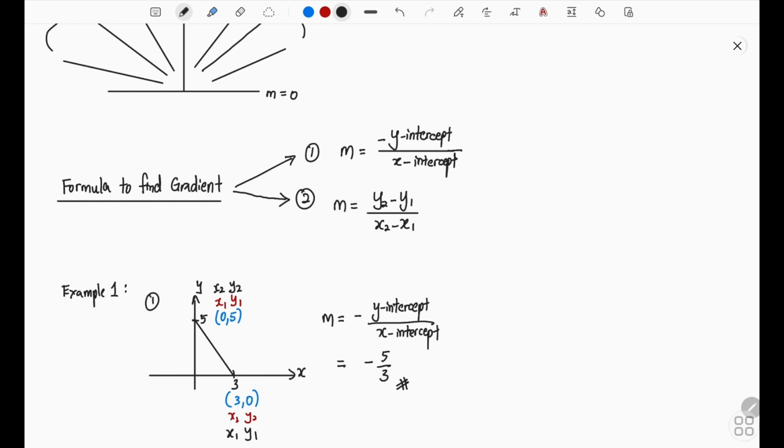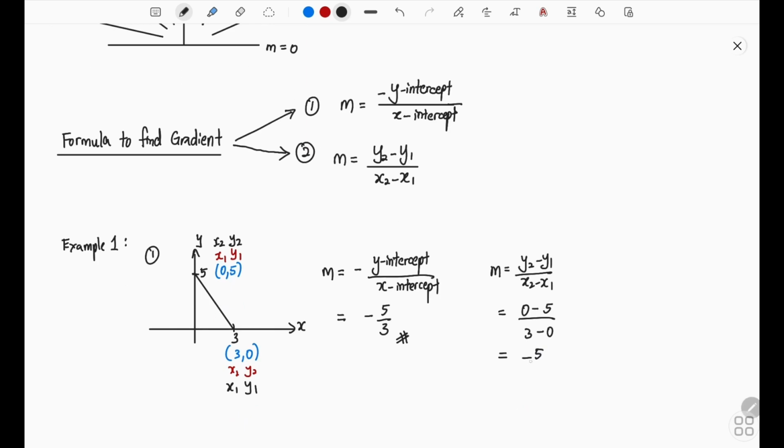Trust me, you will still be getting the same answer. So let's just pick the red color assignment. Just to solve it, and that would give you negative 5/3 as the answer. And if you can notice, your answer is same as the answer we found using the first formula.